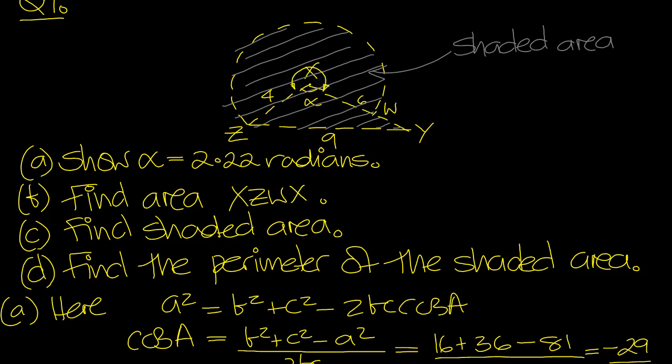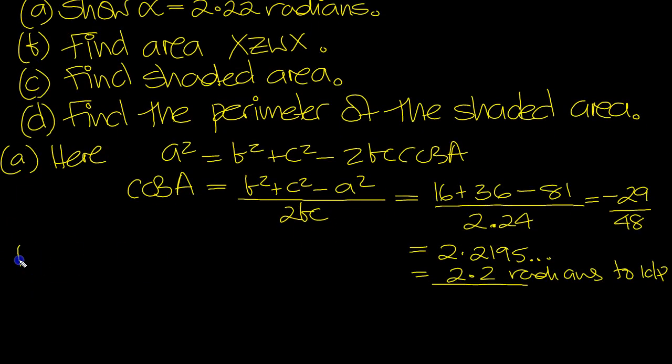The area of a whole circle is pi r squared, so the sector is half r squared theta.